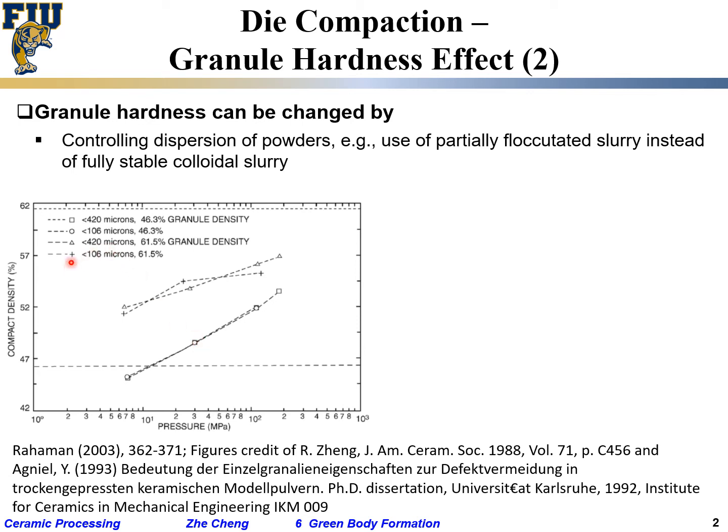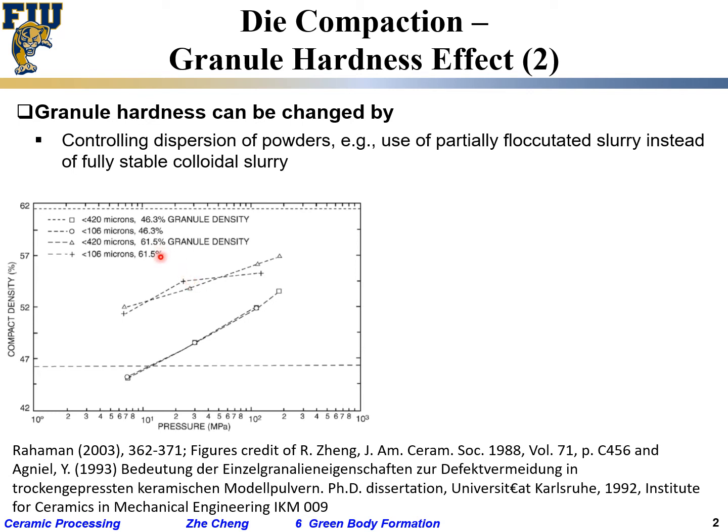This cross and triangle, these two start from higher so-called granule density. The granules are harder, essentially. The granules are packed denser and are harder. And of course, for the same pressure, they have higher density. Do you see that?